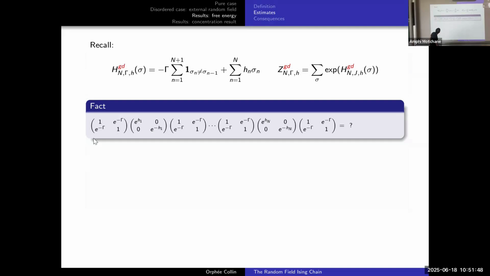And actually, I claim that it's interesting to look at this product of matrices. So you have matrices of different types alternating. There's this deterministic matrix which is repeated, and those diagonal matrices which are random, they just depend on the H_n's. And actually, can you guess what's the result of this product?